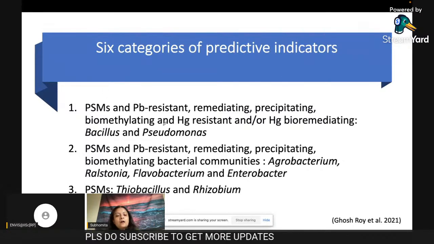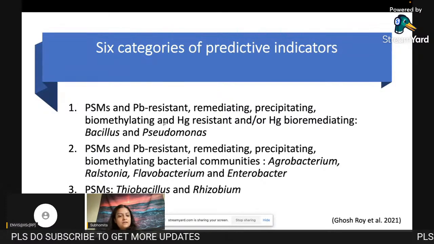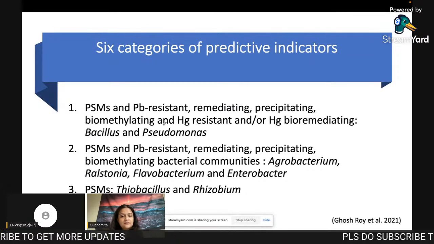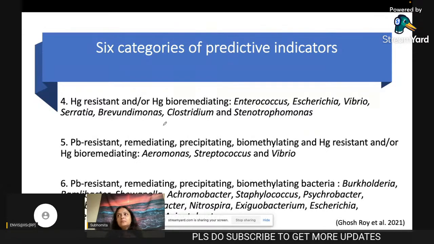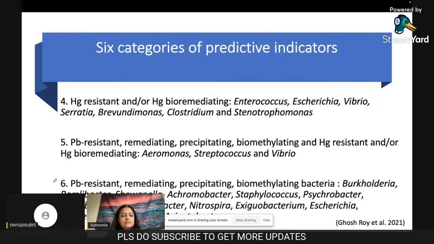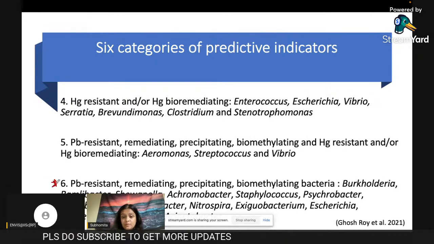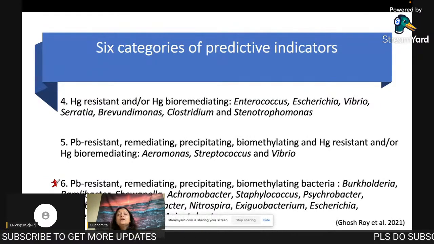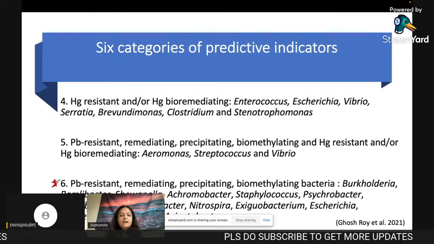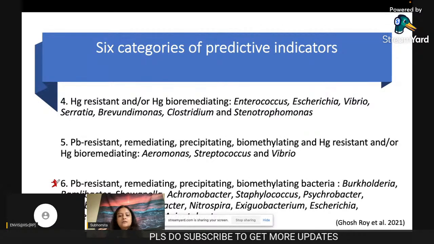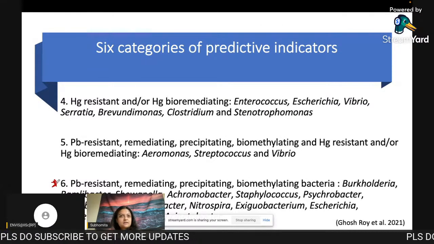Then some were PSM and lead resistant, some were just PSMs like Thiobacillus and Rhizobium. Some were simply mercury resistant, some were both mercury and lead resistant. But the most interesting bacteria we were interested in was this. There were a lot of lead resistant genera, coming from Staphylococcus, Escherichia, Nitrospira, Arthrobacter, Cupriavidus, and many more.